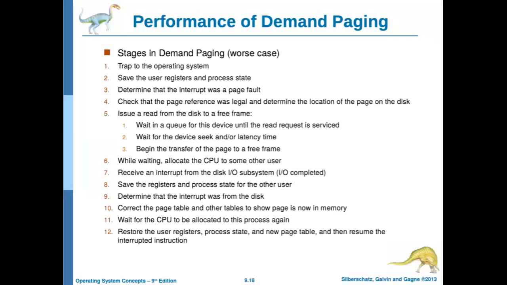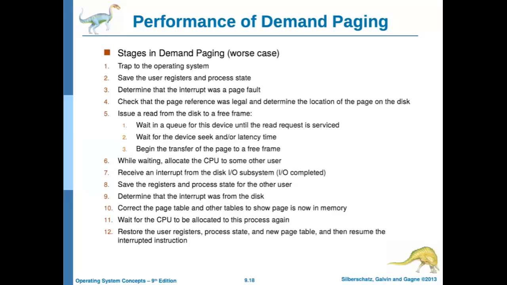Next, we need to determine that the interrupt was from the disk. That is stage number 9. Stage number 10 is to correct the page table. Previously the flag was I, that is invalid. Now we need to modify it to V, which means the page is now valid. Then wait for the CPU to be allocated to this process again. That means we are waiting for a schedule, so it is in the ready queue.